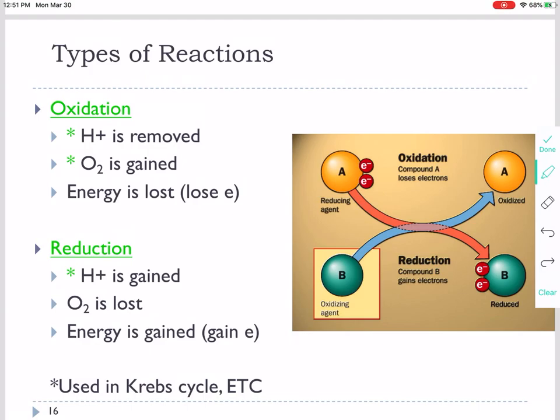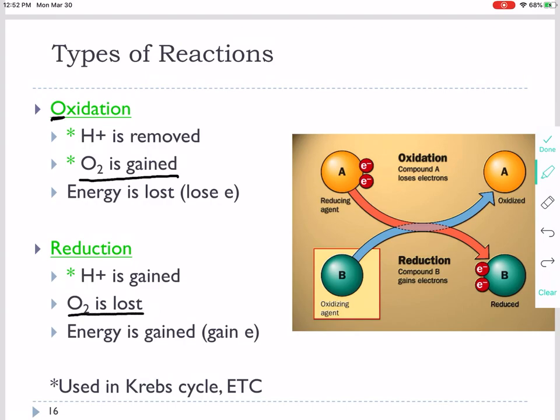Oxidation is any chemical reaction where oxygen is gained. I think we can understand by the word, if something oxidizes, the O reminds me of oxygen. If fruit oxidizes, it turns color because it's exposed to oxygen, or metal can rust because it's exposed to oxygen. So oxidation, oxygen is gained.